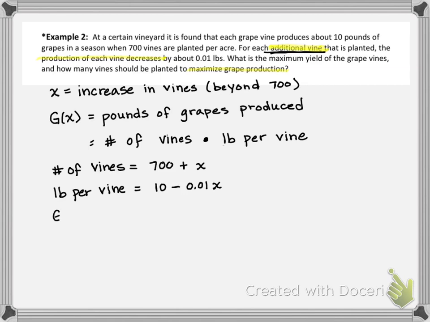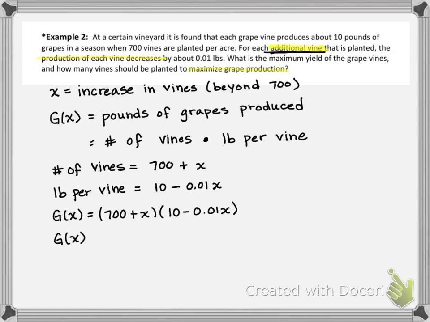So g of x equals 700 plus x times 10 minus 0.01x. I usually tell you guys not to bother distributing unless you have a reason to. In this case, we do, because we're trying to maximize this function, and we want it in general form so we can use our vertex formula.